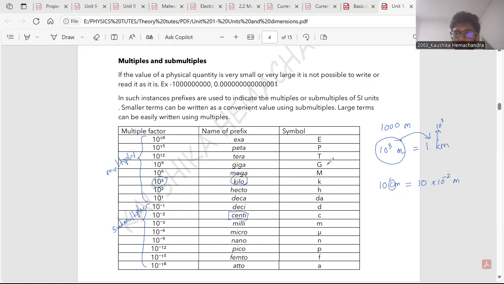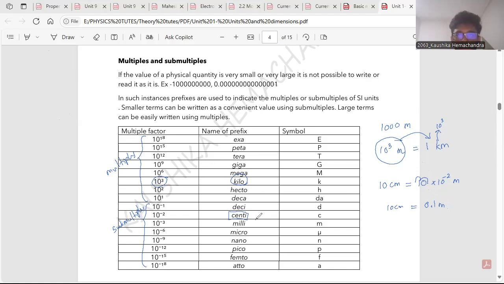So instead of c, you write 10 to the power minus 2. So you get 10 into 10 to the power minus 2, which is 0.1, no? 0.1 meters is 10 centimeters. So you have written 0.1 meter as 10 centimeters, a larger number instead of a small number.